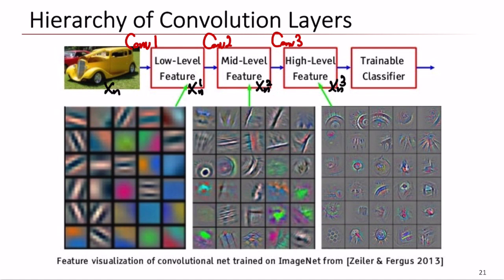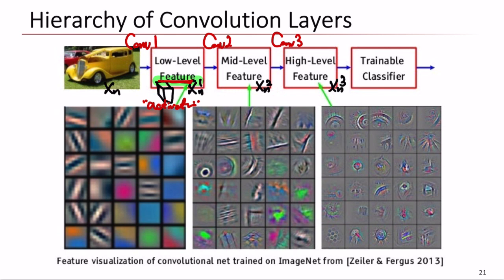Then the learned filters have different properties. This is the activation map, or we can just say this is a feature or activation map, or filter or the feature.